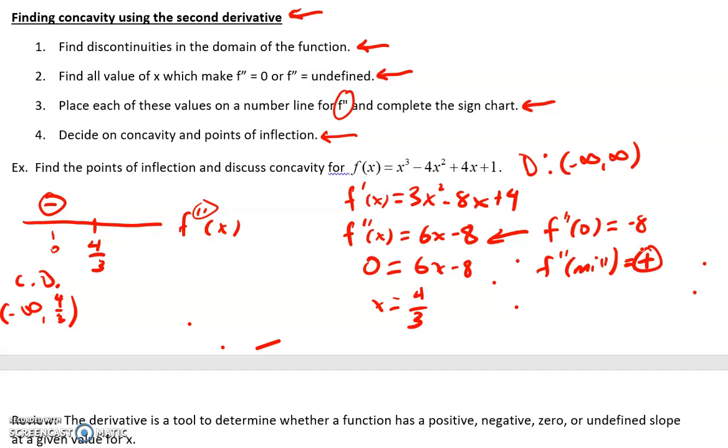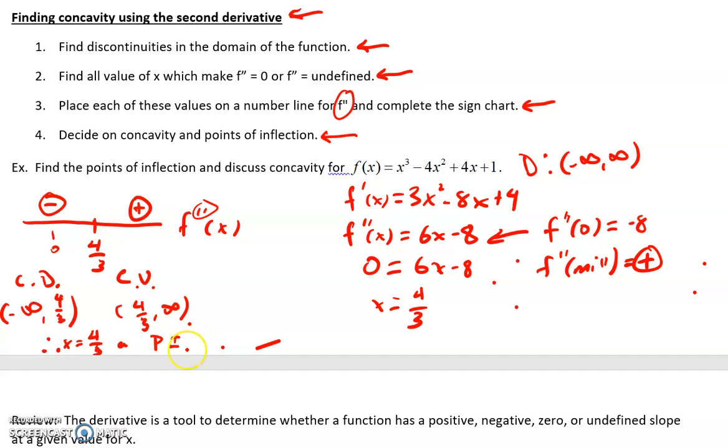And that's all I care about. So I know to the right of 4/3, the second derivative must be positive, so it's concave up in the interval from 4/3 to infinity. And therefore, I can say that at x equals 4/3, a PI occurs.